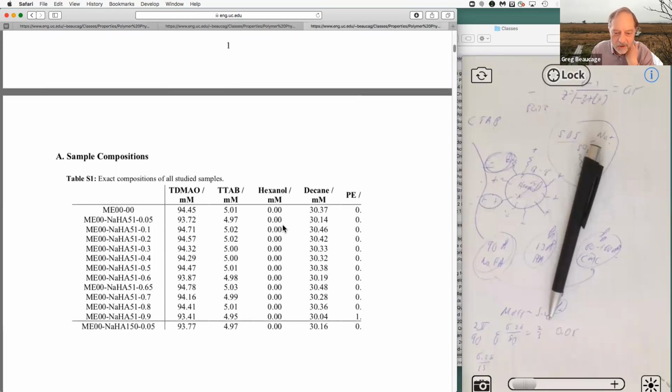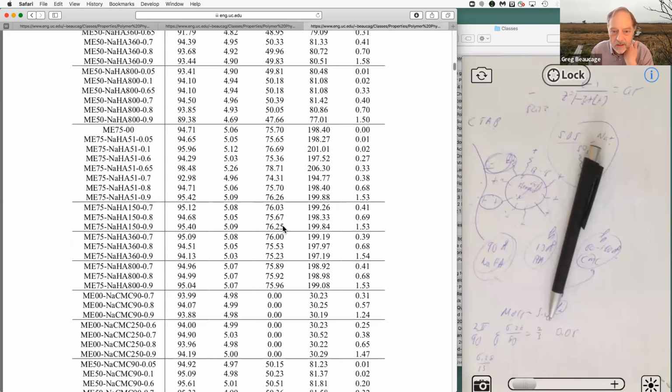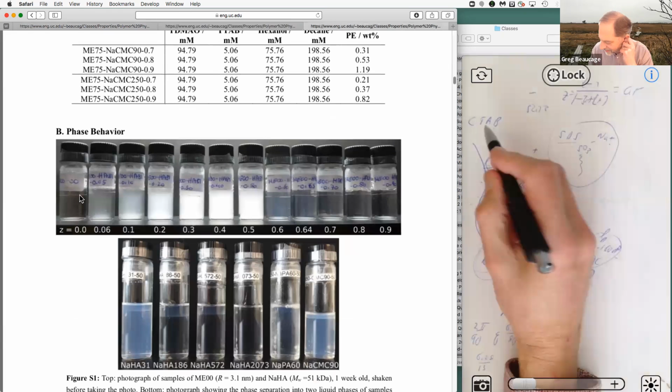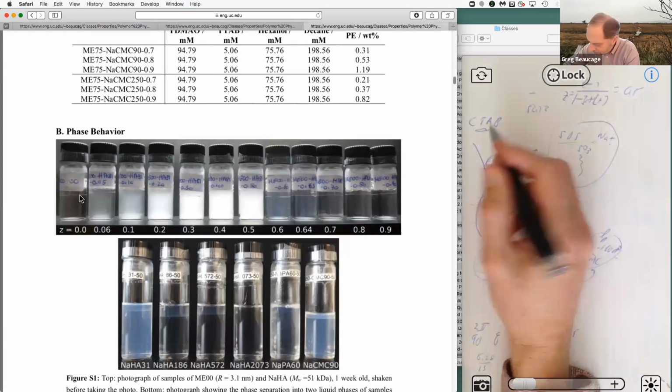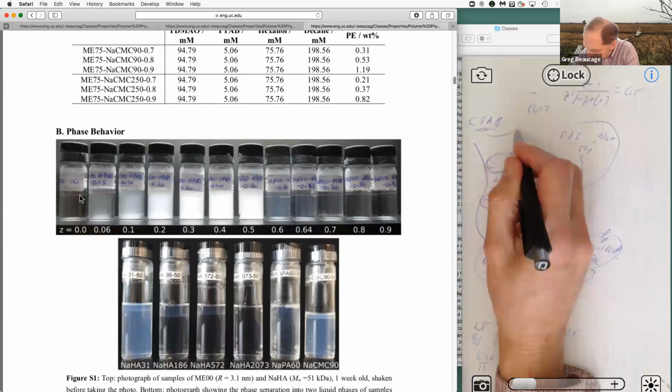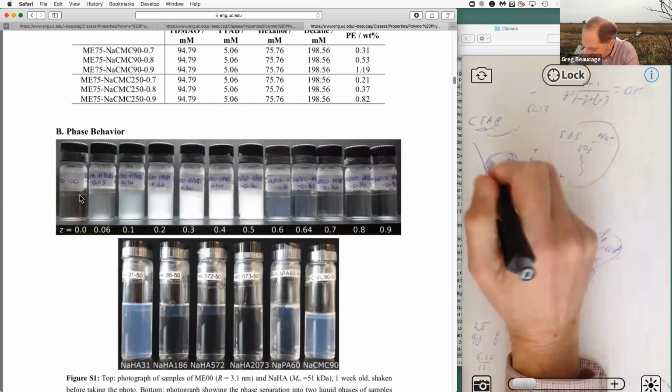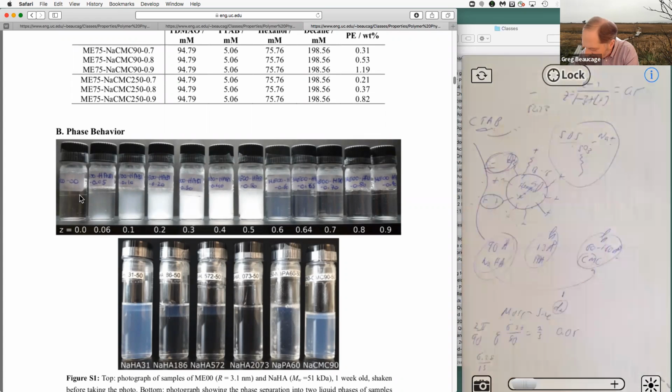So they have a bunch of numbers. It's too much to put in a paper. And then they have pictures of the thing. So you mix in 3 parts. You put in a surfactant. Actually, it's 4 parts because there's 2 surfactants. So they put in 2 surfactants to make stable spheres. Then they put in the hexanol, and they put in the polyelectrolyte, and it's all in water.